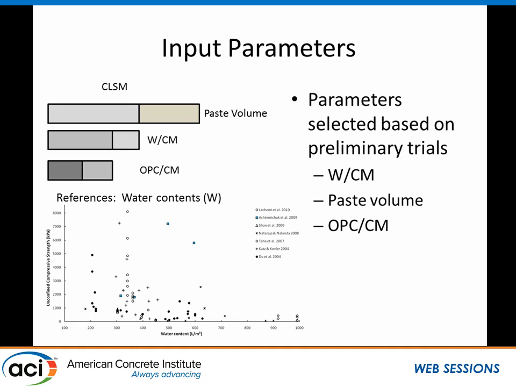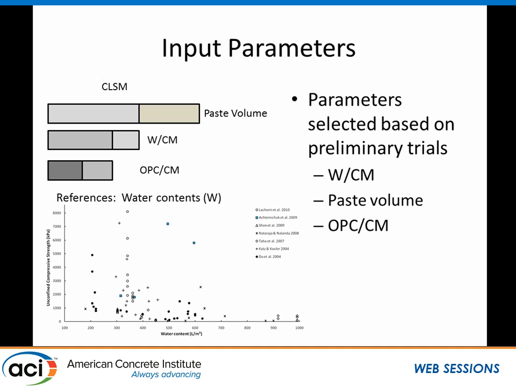The second parameter we chose to focus on was the water cementitious materials ratio. Certainly, we know from being concrete people that water cementitious ratio controls strength. And the third is the ratio between the OPC, the cement added, and cementitious materials, because we're using fly ash in these materials too.